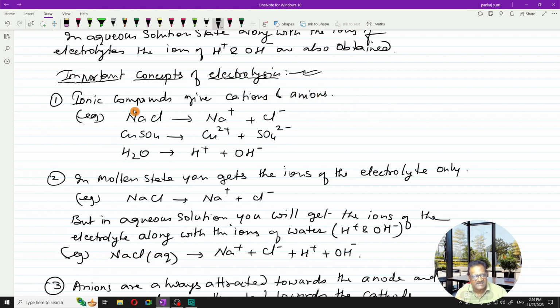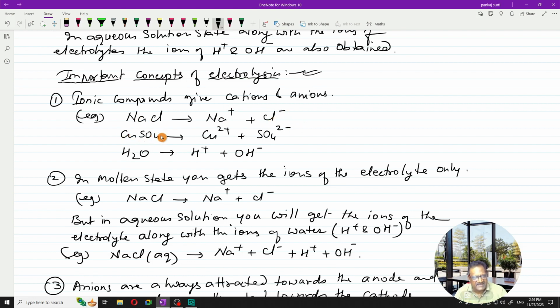Example is NaCl, an ionic compound. On melting it, it will create sodium ion and chloride ion. So sodium will carry positive charge, chloride ion will carry negative charge.